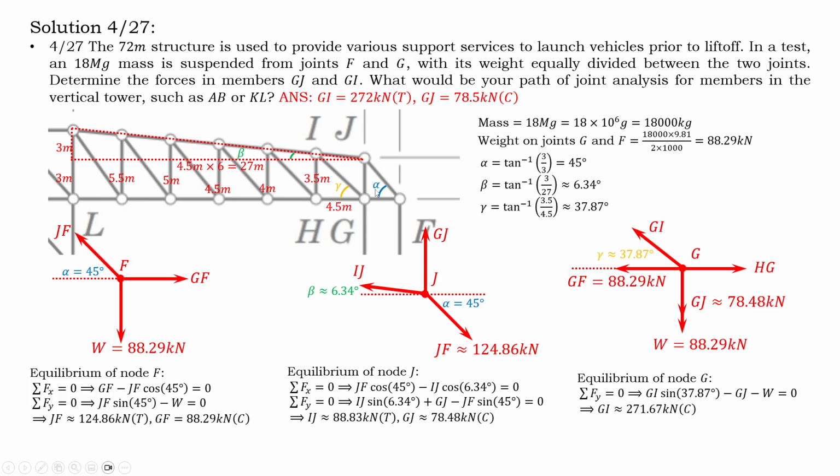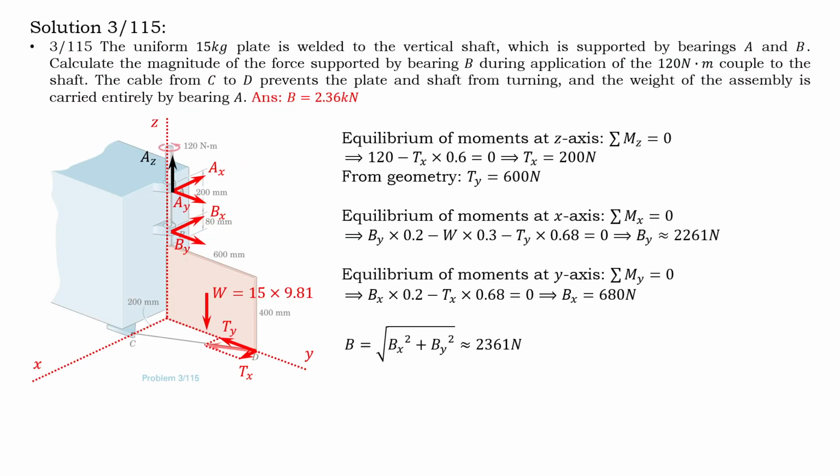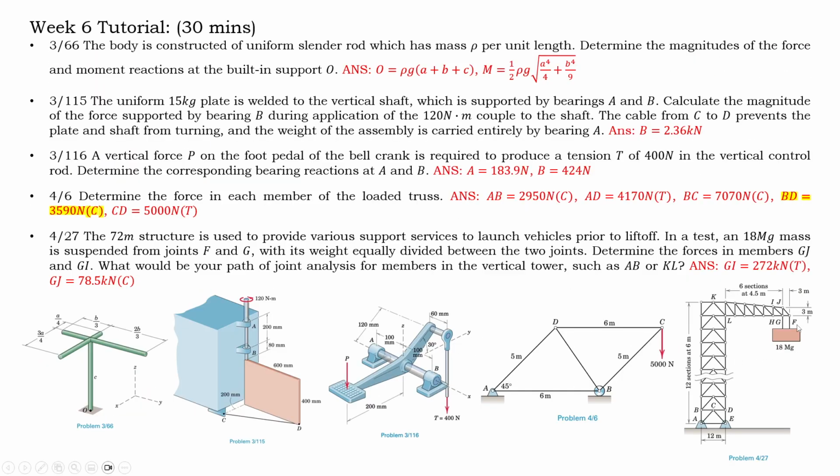So we find alpha, beta, gamma first. How much is alpha? This length is 3 meters based on here. Also, we know that this length is also 3 meters from here. If you check it here, it is 3 meter, 3 meter.